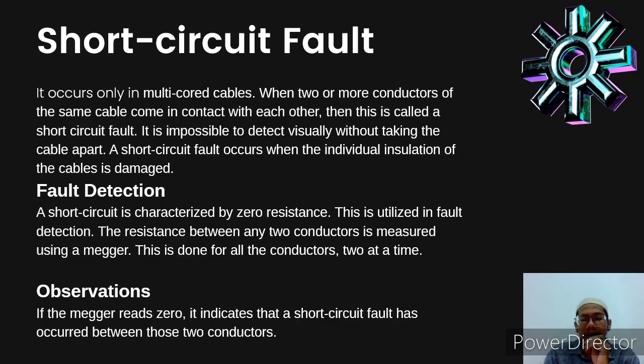The resistance between the two conductors is measured using the megger. Also, for the observation, if the megger reads zero, that means the conductors in the cable have a short circuit fault.